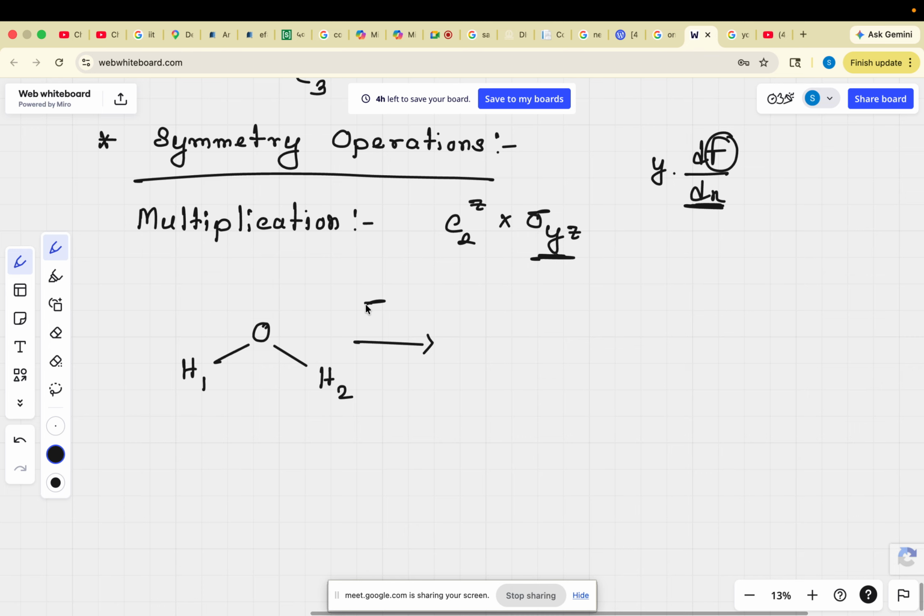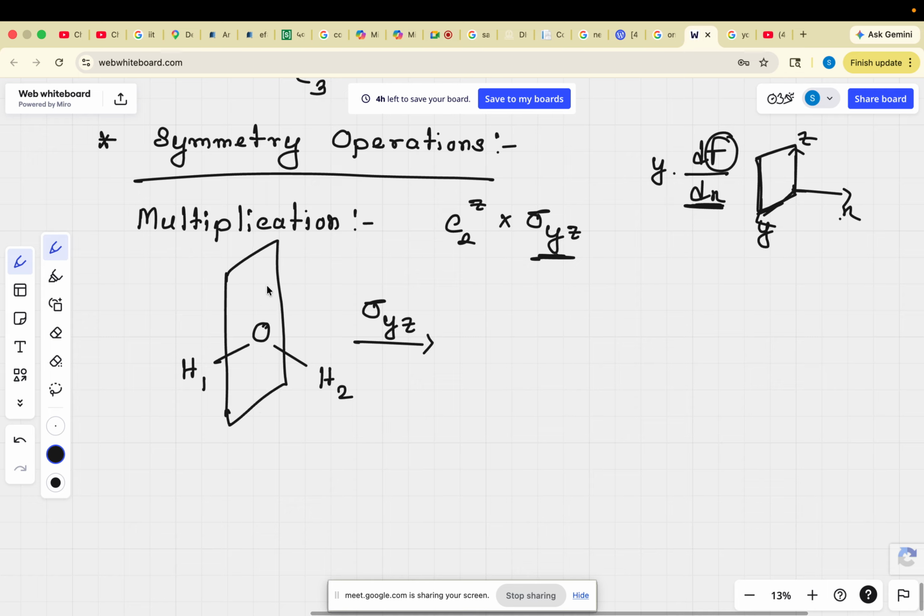So if I apply here sigma yz, now tell me, yz plane means which plane? This is your x, this is your y, this is your z, right? So yz plane means this plane, this is a kind of perpendicular plane.